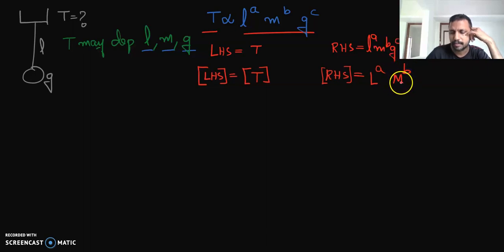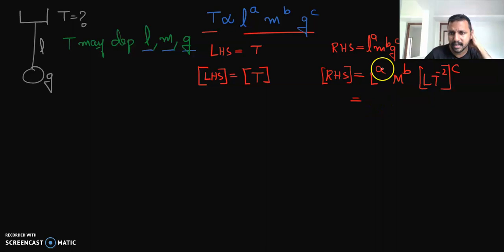What is the dimensional formula of acceleration due to gravity? Since acceleration due to gravity is acceleration, we could write its dimensional formula as LT raised to minus 2, that you may remember, whole raised to C. Since there is G raised to C, we are writing LT raised to minus 2 whole raised to C. Then let's expand this and simplify it.